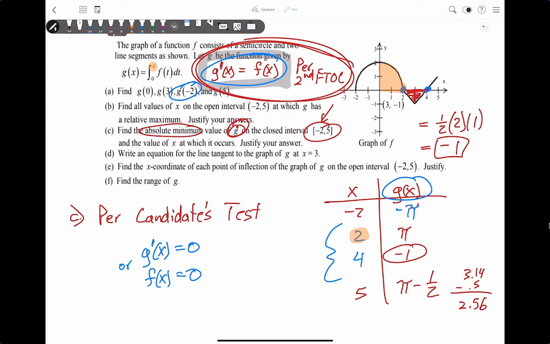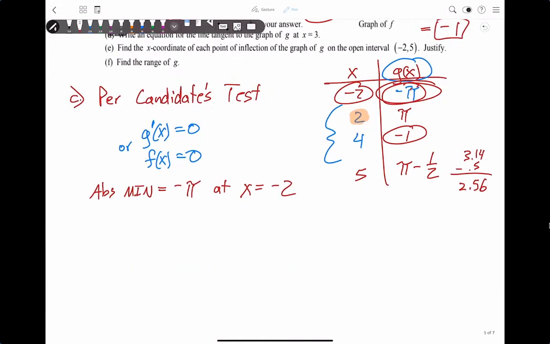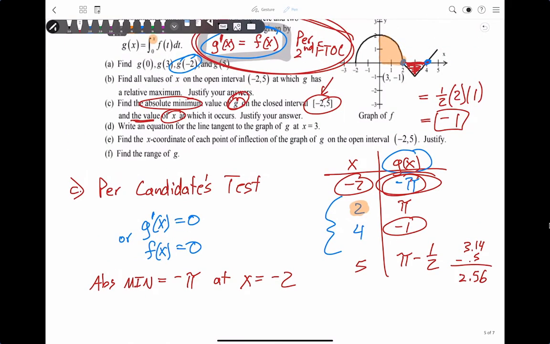Here we have a negative 1, and we have a negative pi, so this one's way, way more negative. So we're going to say the absolute minimum value of g equals negative pi. And then it says, and the value of x at which it occurs. So we're going to say at x is equal to negative 2. Absolute min is the y value. At is the x value.